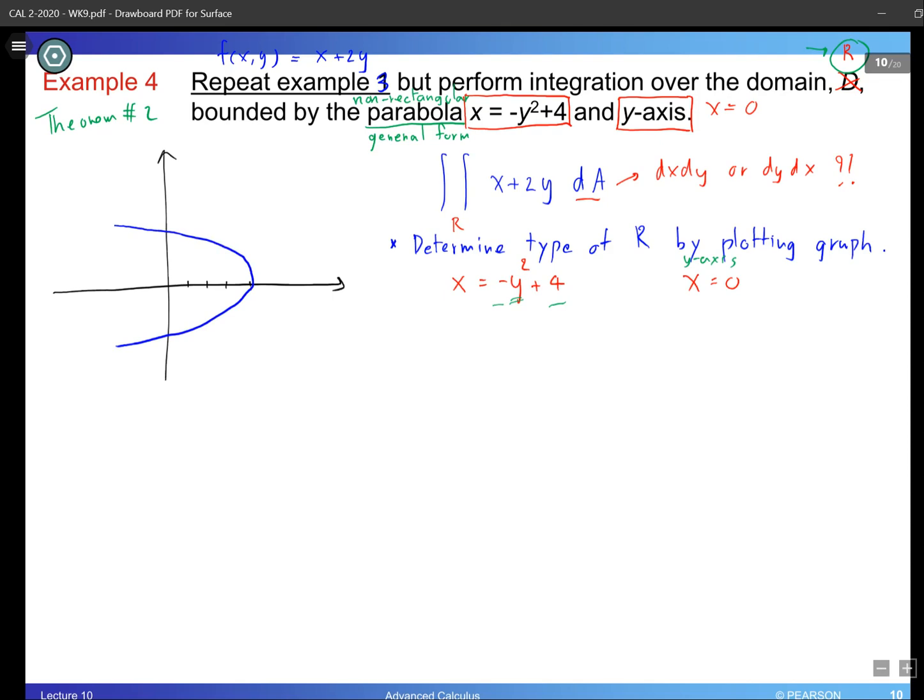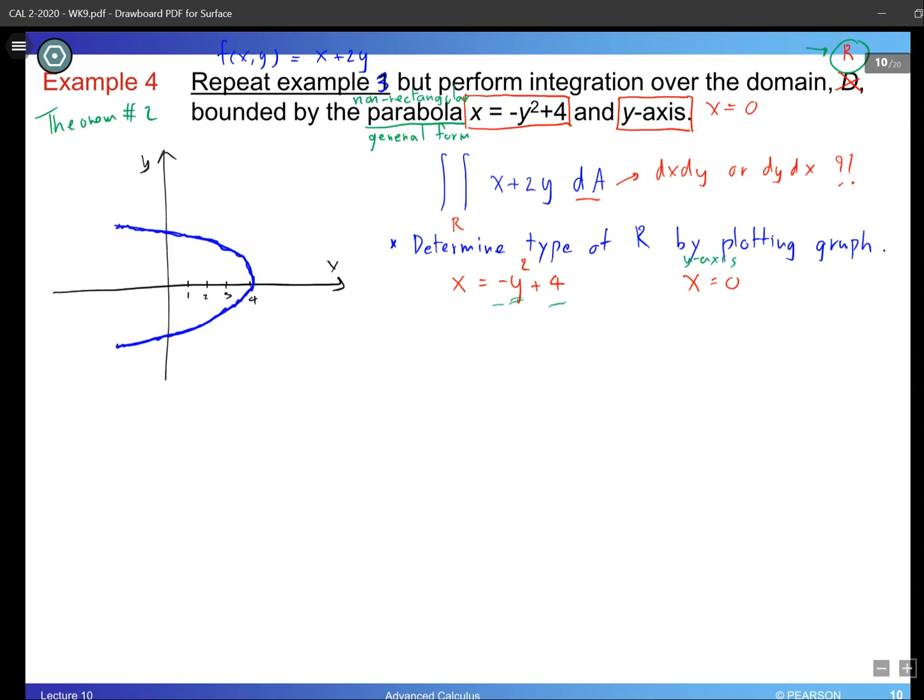Okay? Not the best shape, but I try my best to keep it a parabola. So we have this 1, 2, 3, 4 right here, and the x-axis and y-axis. There you go. That is the first curve. Let me highlight this. The first curve for this integration domain in this example.